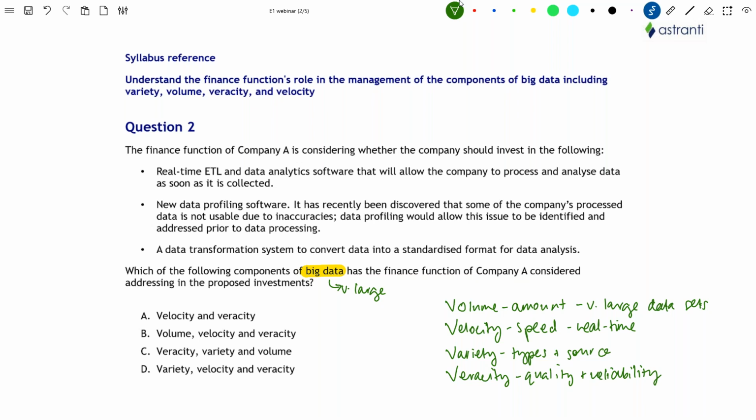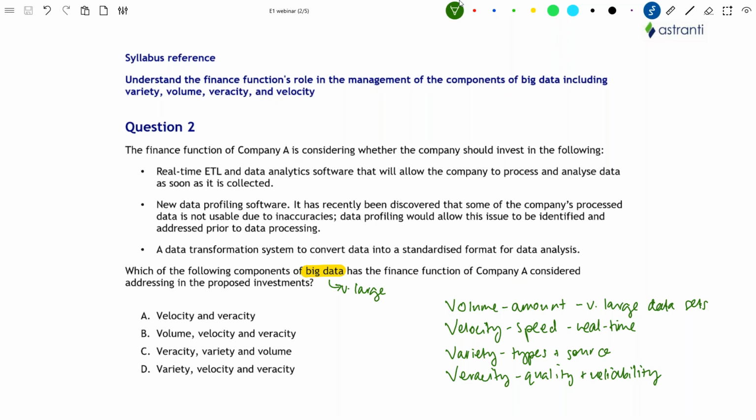This means that it's easy for the quality or the source of the data to be disregarded. But as really important business decisions may be based on the insights from big data analysis, it's really important that the data can be trusted and that the users of the data are fully aware of any limitations. Okay, so that's our 4 V's of big data.